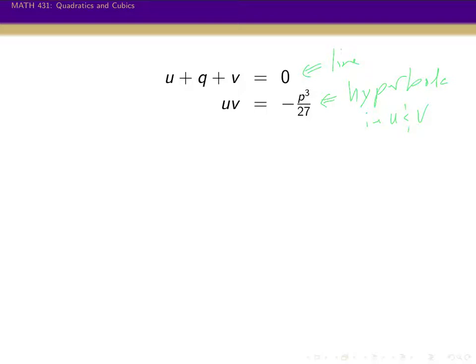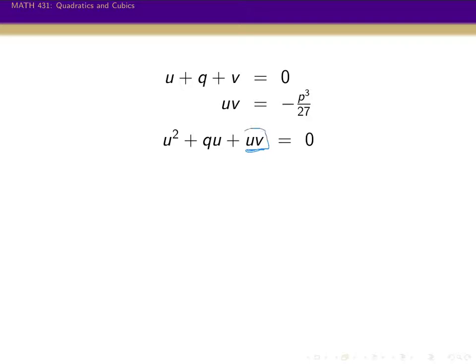But the way that we're going to go is we're going to take this top equation and we're going to multiply everything by u. And so if we multiply everything by u, we get u squared plus qu plus uv equal to 0. And then we've forced this uv, and what do we know that uv is equal to? Well, it's equal to minus p cubed over 27. So we can substitute that in.